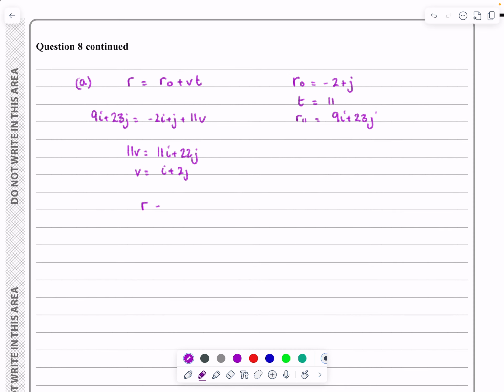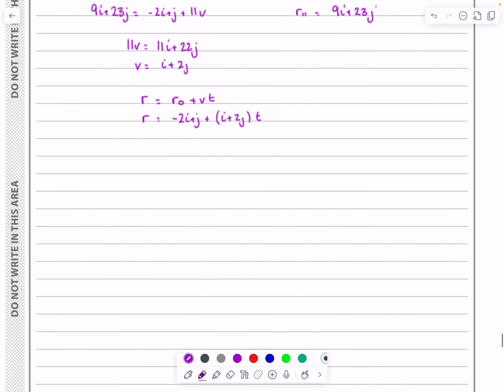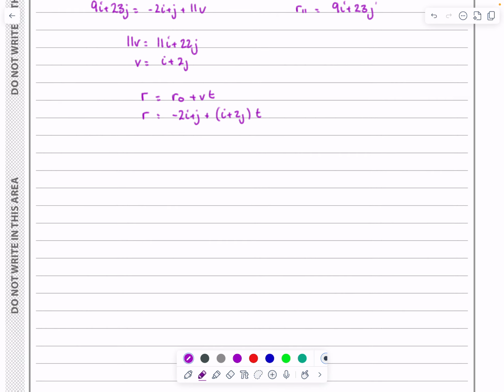So if r is equal to r0 plus vt, then r is equal to the minus 2i plus j where we started off from, but then the velocity is i plus 2j multiplied by t each time. That's okay to have as the answer, but realistically for what we're going to do later on, it's better to have it in terms of just i's and j's. So I'm just going to tidy that up a little bit in terms of saying that's ti and 2tj.